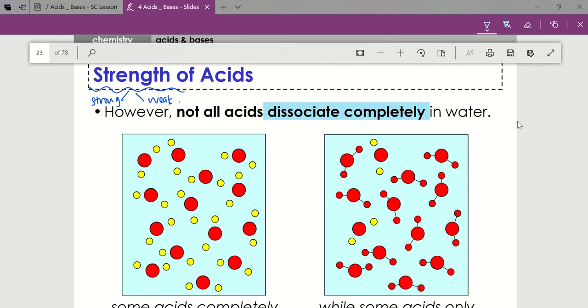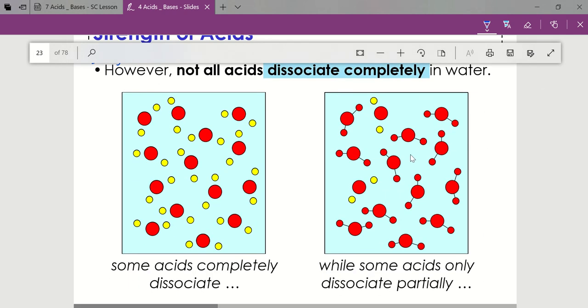If you look at this picture over here, on the left hand side we have one in which an acidic molecule was dissociated completely. When we say completely, we are taking it that it is 100% dissociated. So there are no groupings of any particles together at all.